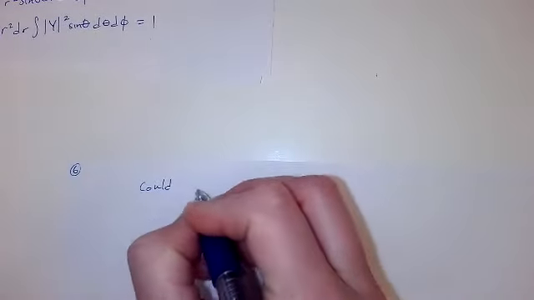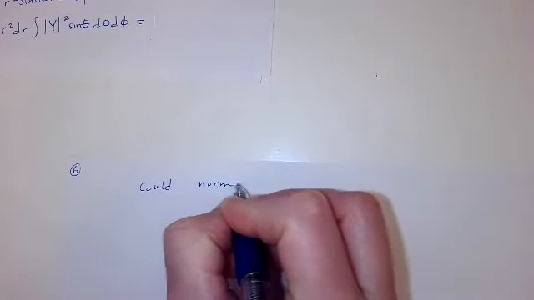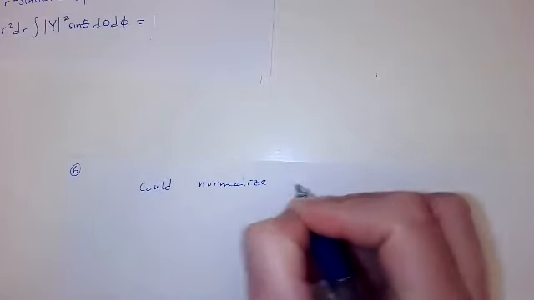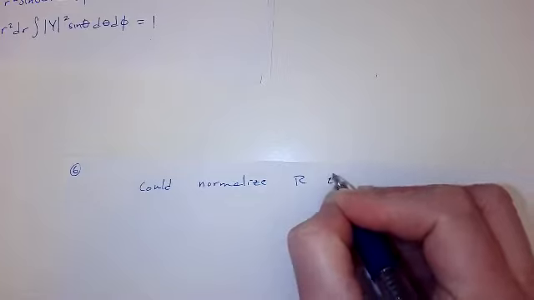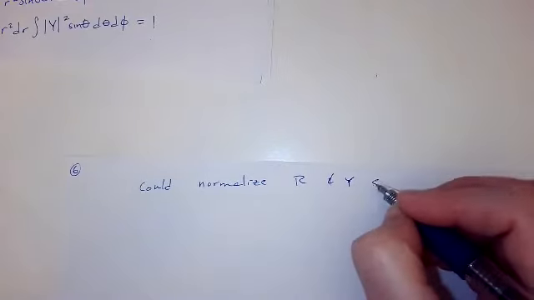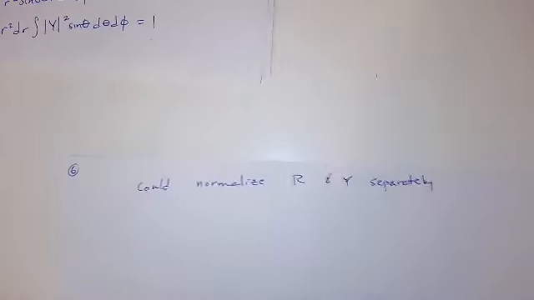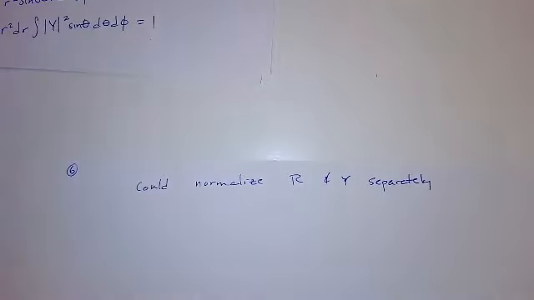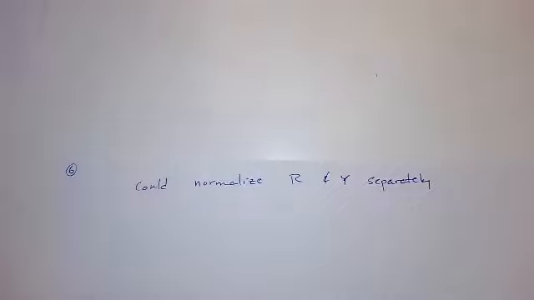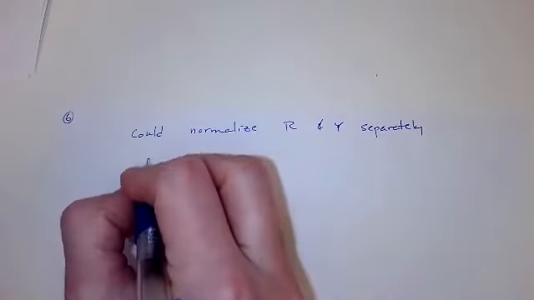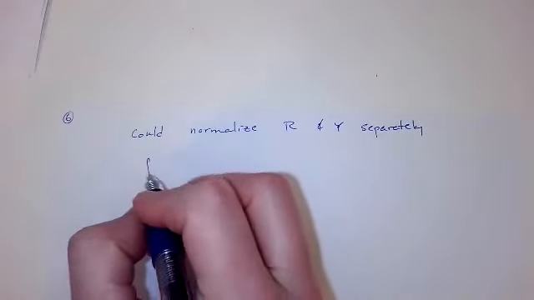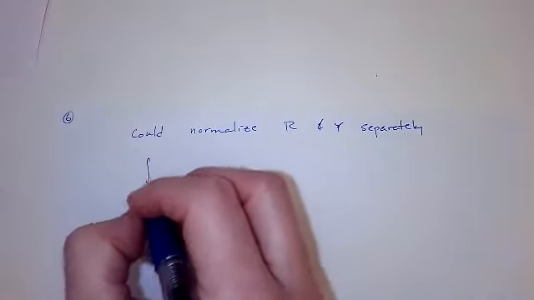And we'll write that thought down. We could normalize our radial equation and our angular equation separately. If we were to do that, we could just write down an integral over all the radii where this exists.